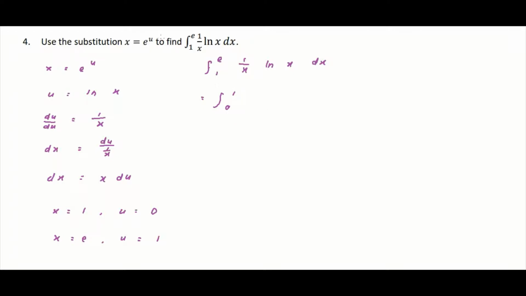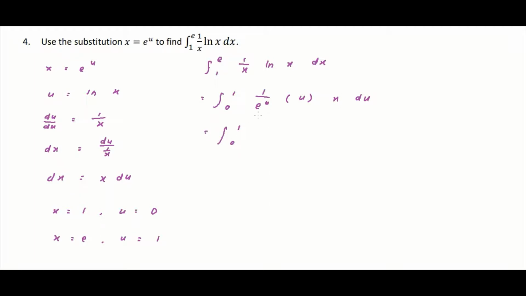What is 1 over x? x is e to the power of u, so 1 over e^u. Our ln x, just now we said, is u already, right? So u. So what is dx? dx is basically equal to x du. So you can see you have another x here. How are you going to do that? Substitute again.